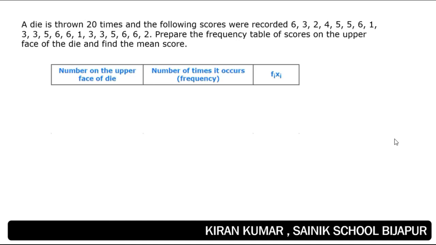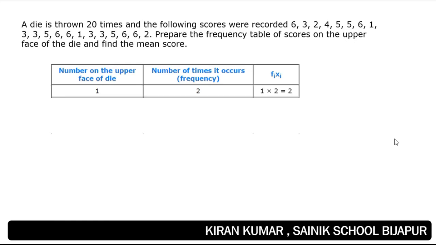I'll consider the number on the upper face of the die, represented as xi, and the number of times it occurs, as fi. The product, I'm going to find it.